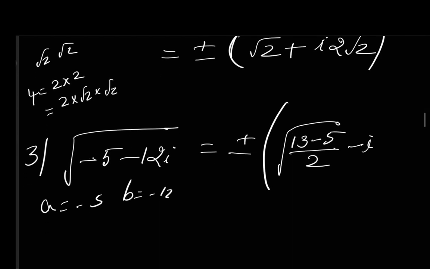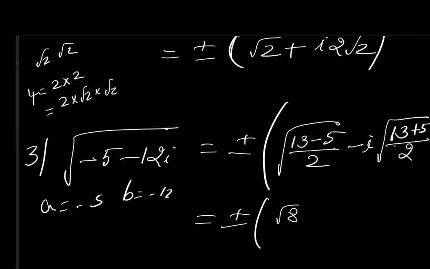So minus i into root of, again modulus z, that is 13, then minus a, but a is minus 5, so this is plus 5 by 2.